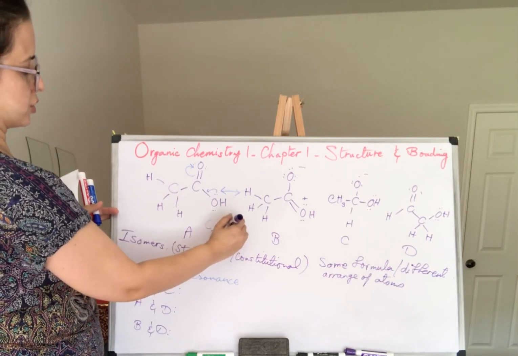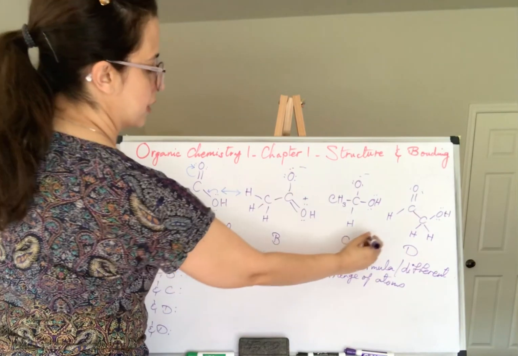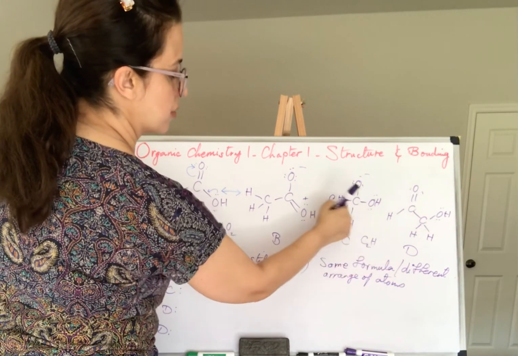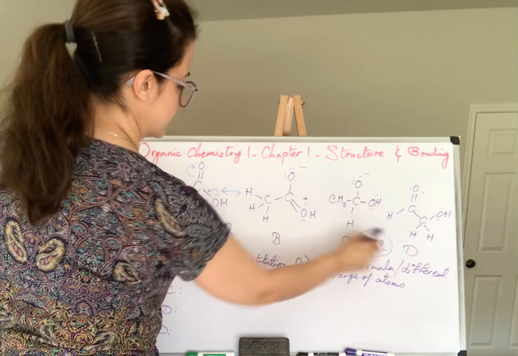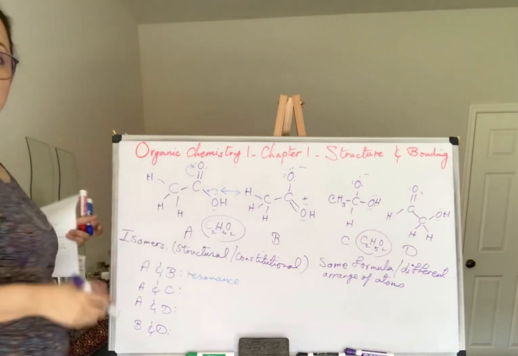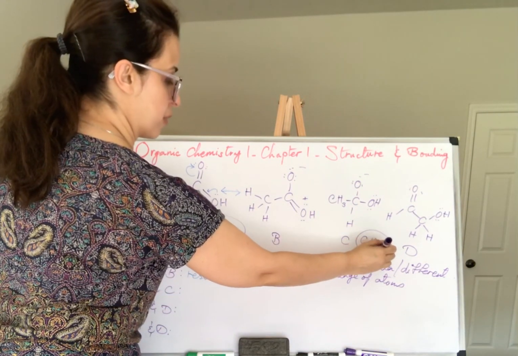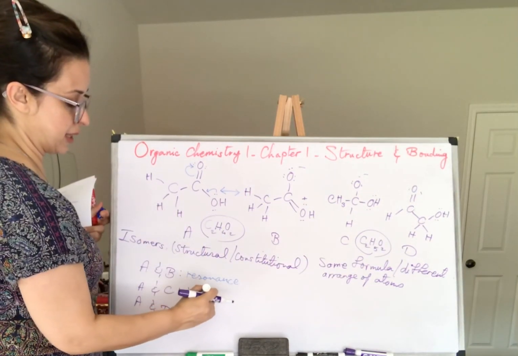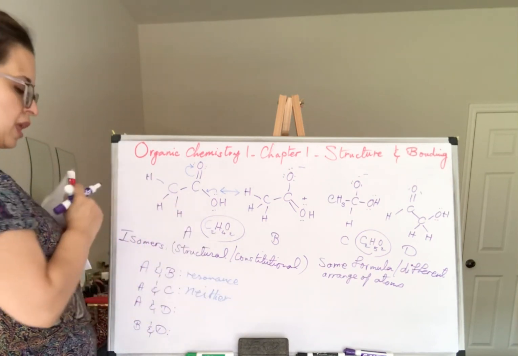And how many oxygens? 2. For C, how many carbons? 2. How many hydrogens? 5. And 2 oxygens. Since the compounds don't have the same molecular formula, they are totally different compounds. You just say neither. They are not isomers, they are not resonance structures.